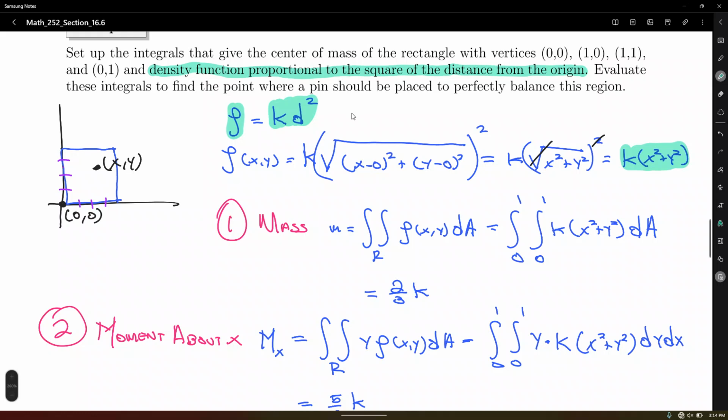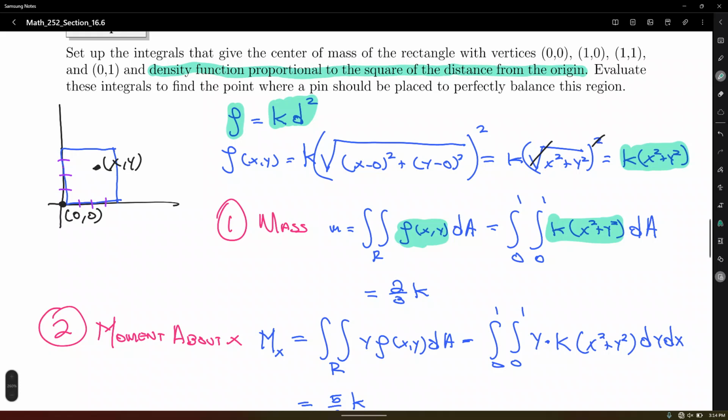So let's highlight the density function. That density function is k times x squared plus y squared, and we're integrating between 0 and 1 and 0 and 1 because here we have essentially the unit square. A unit square is a square whose side length is equal to 1.